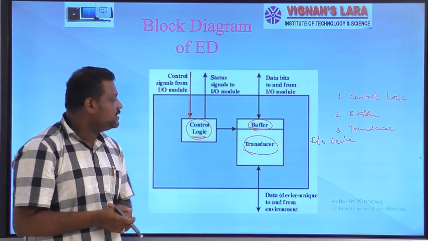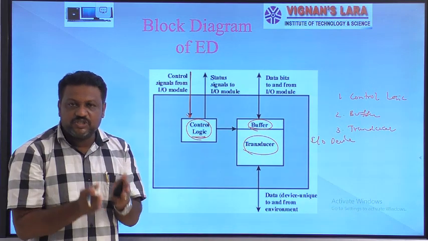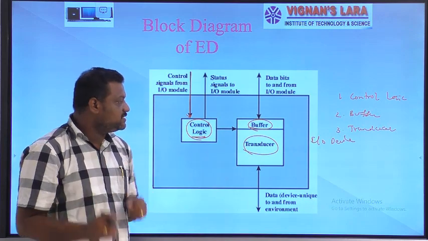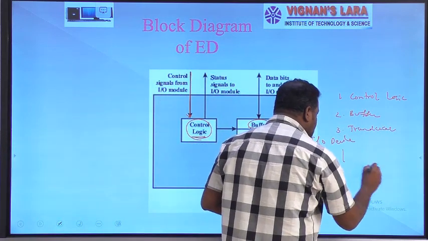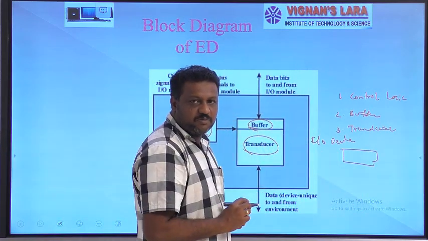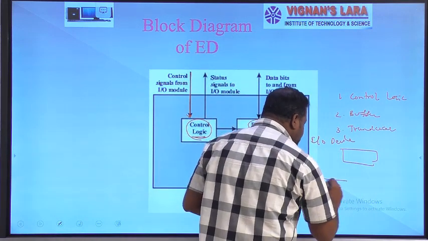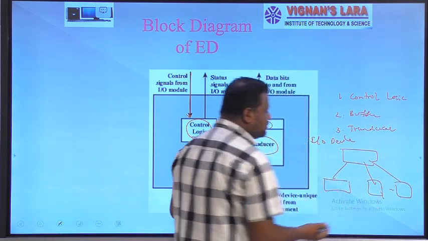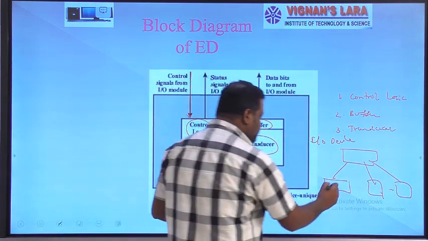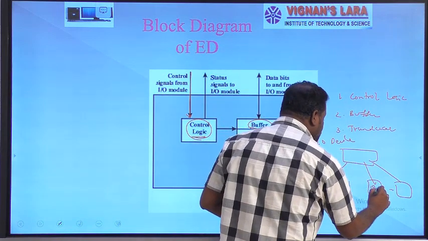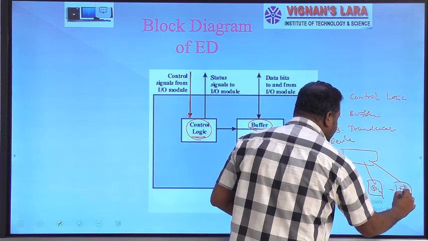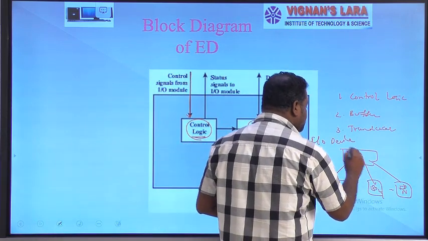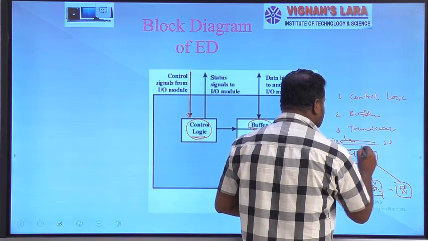Let's assume some I/O module connected to a number of peripherals like this. These we can call external device 1, external device 2, and so on, up to external device N. This is your I/O module, and at this end you have a system bus.